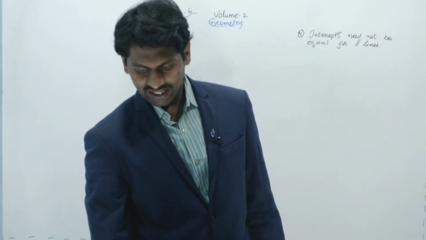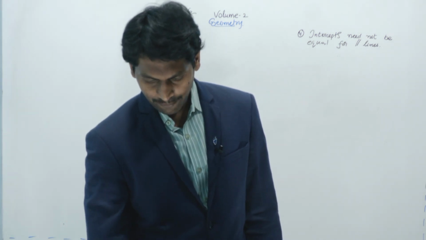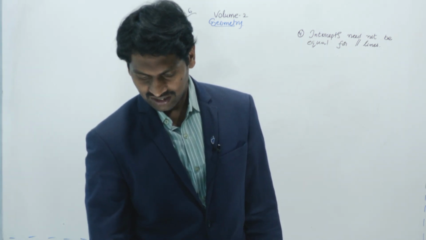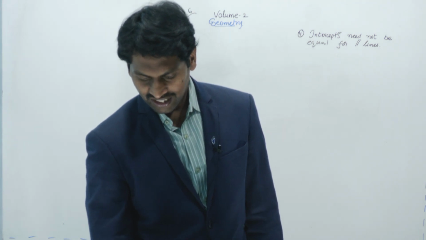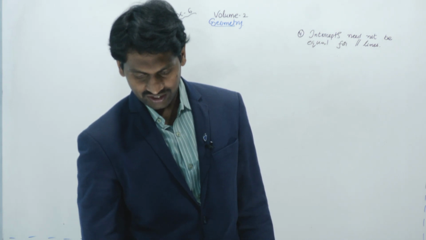Question number 4. If the lines L is parallel to M and M is parallel to N, and P, Q are transversals intersecting at A, B, C, D, E, F respectively.